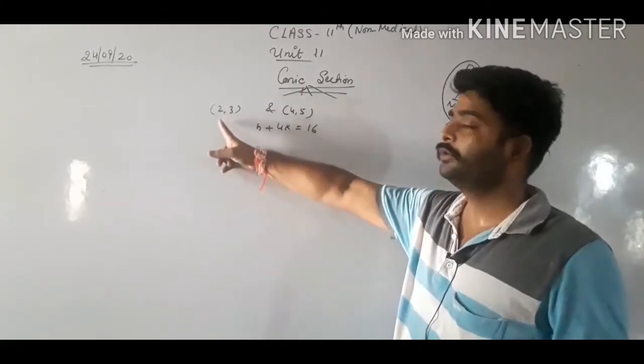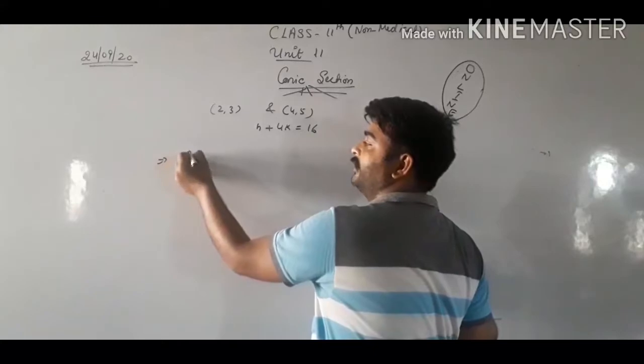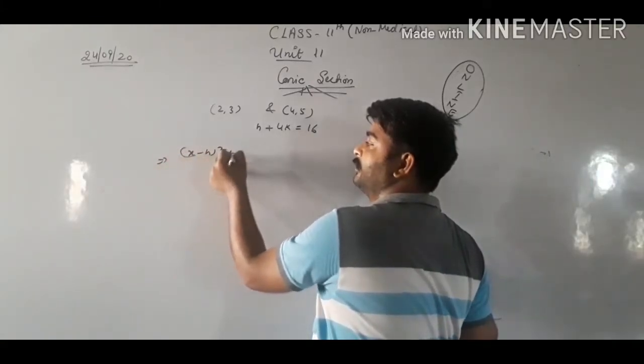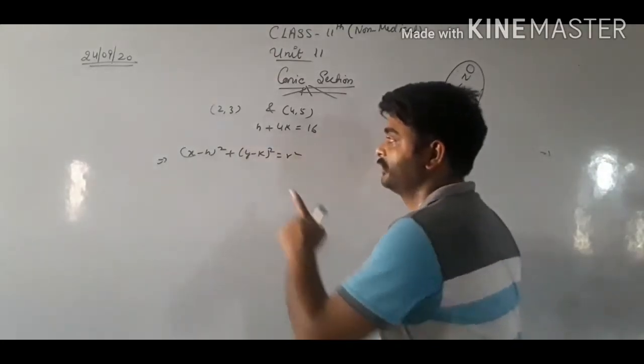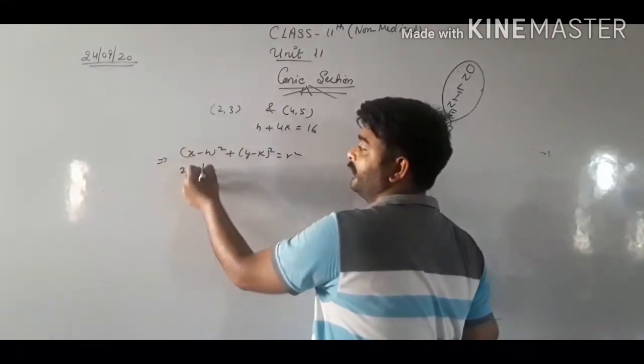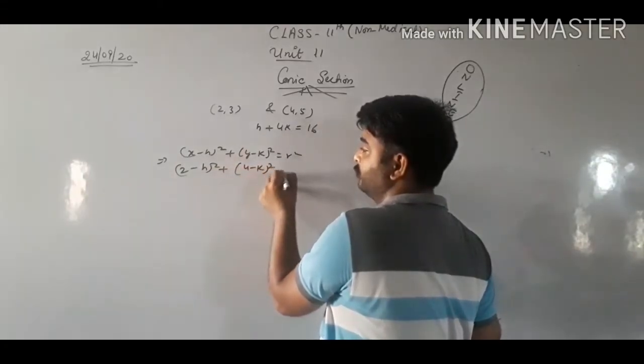So first of all, what we will do? We will frame out the equation, that is x minus h whole square plus y minus k whole square equals to r square. What is x? x is 2 minus h whole square plus 3 minus k whole square equals to r square.